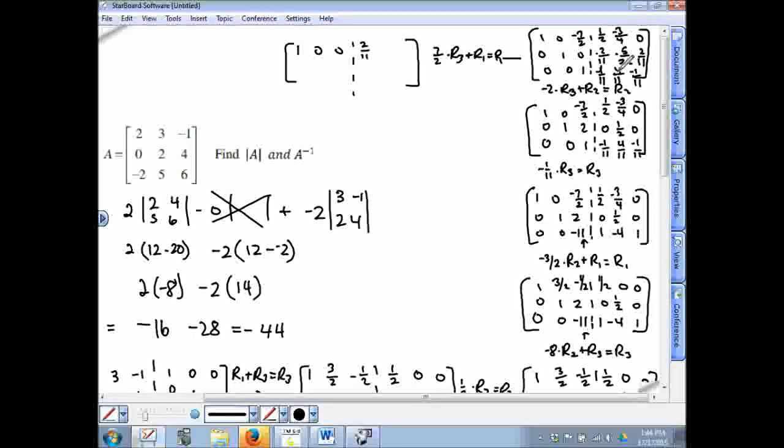And then 7/2 times 4/11 is 28/22, and now we have to add that to -3/4. 28/22, that's 14/11.